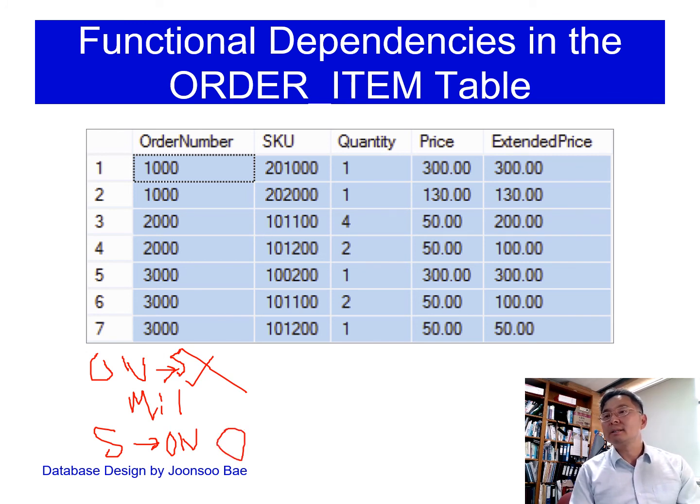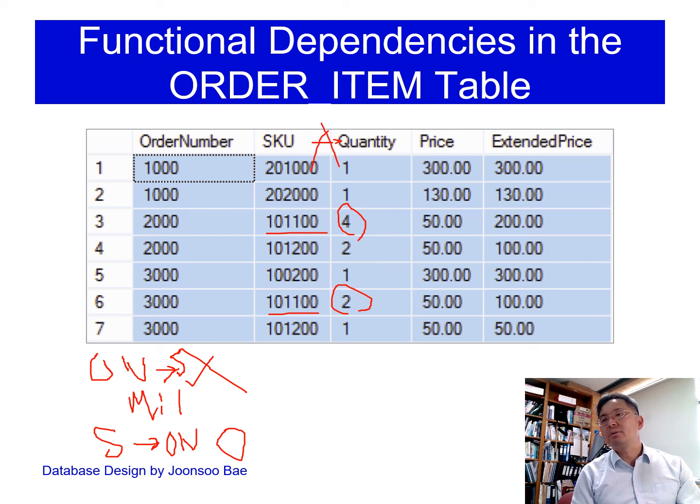And how about SKU will determine quantity? No, no. It's the same SKU value here, but they have different quantities, 4 and 2. So that means many-to-one mappings, so it is not a function.